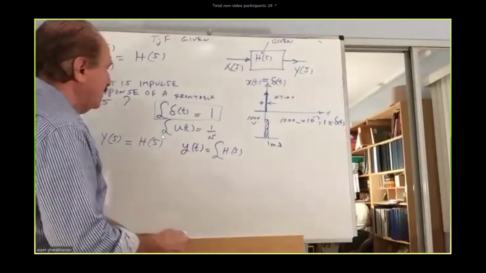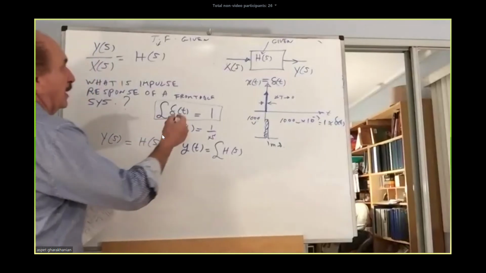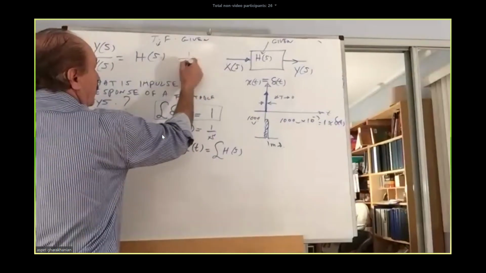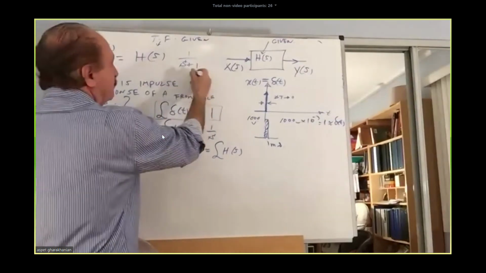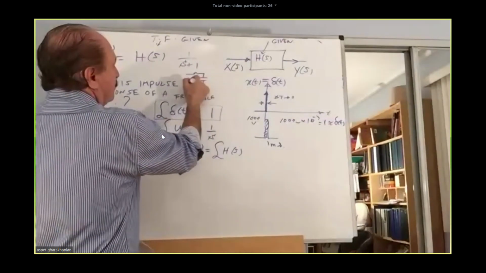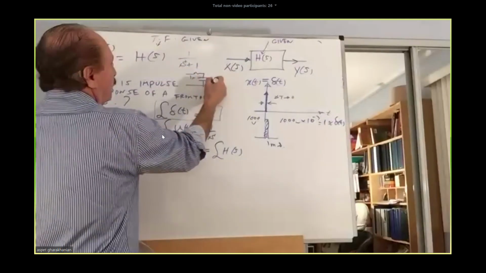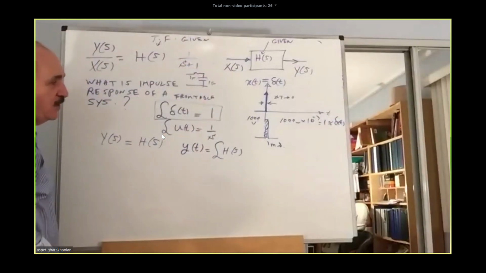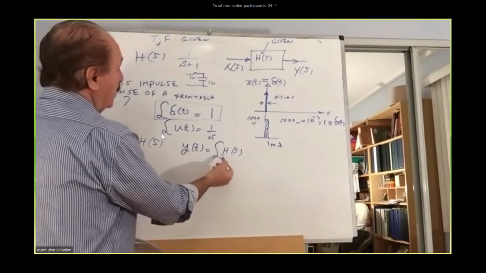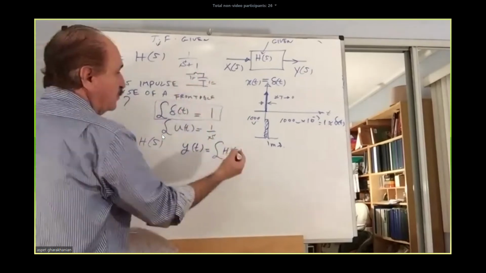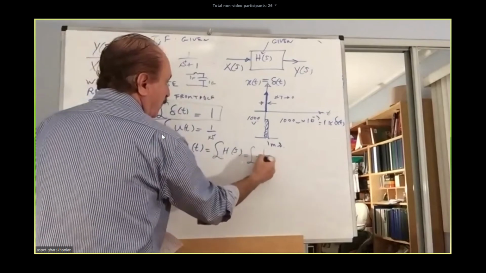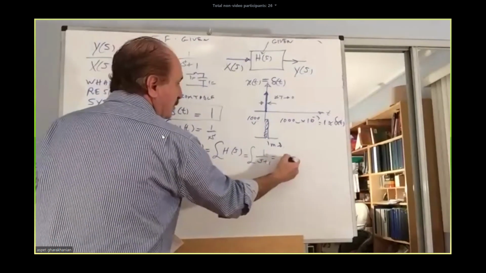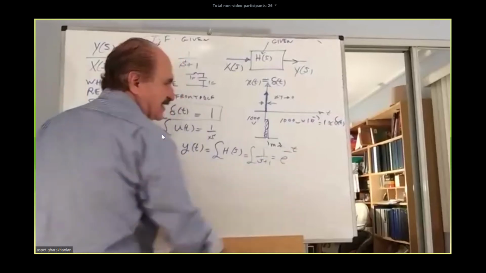So if you had, for example, a system like 1 upon s plus 1, this is considered like an RC, an R and a C, with a 1 ohm and 1 farad, 1 over s plus 1. The impulse response of that would be equal to inverse transform of 1 over s plus 1, which is e to the power minus t. That's a 1 second.